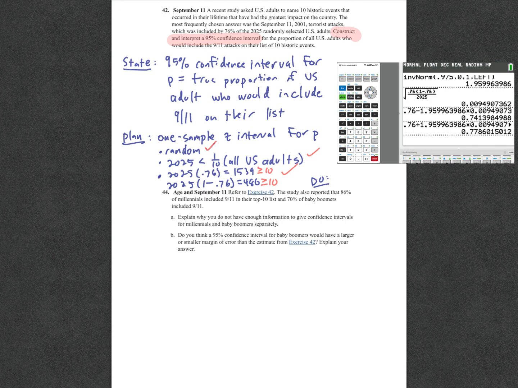Okay, so our confidence interval, and I have to write more, but I just don't have room, but so that'll be 0.741 and then 0.779.